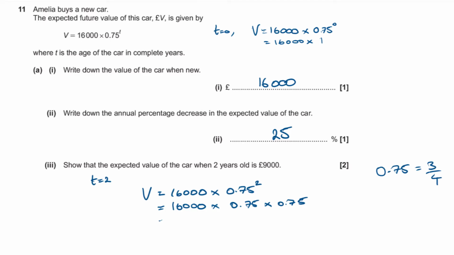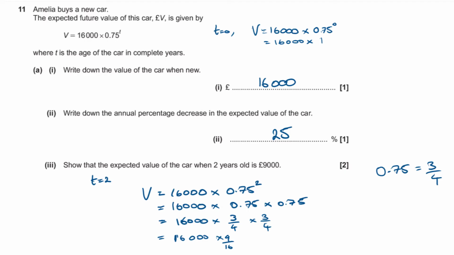So what I'm actually going to be doing is taking this number, 16,000, timesing it by 3, dividing it by 4, timesing it by 3, dividing it by 4. Oh, but 4 times 4 is 16, so that might be easier, because that goes into 16,000 quite neatly, doesn't it? So that's 16,000 times 9/16.